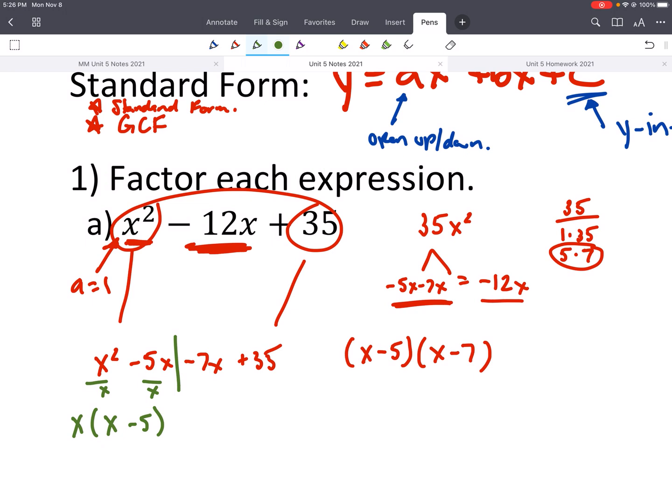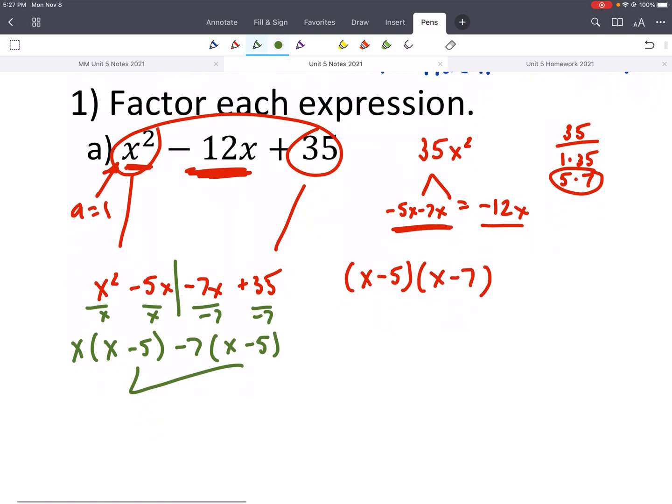And then here, the greatest common factor, looks like we could divide both terms by negative 7. So we can factor out negative 7, and we'd get x minus 5. Again, those have to be the same. We could factor that out, because there's an x minus 5 in both of those terms. And then what's left would be x minus 7.